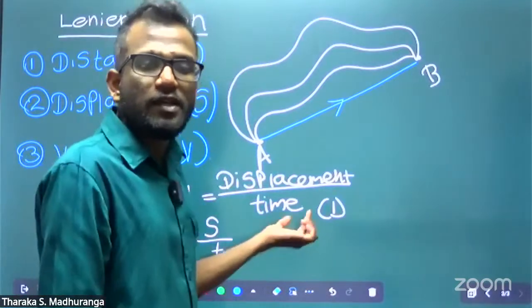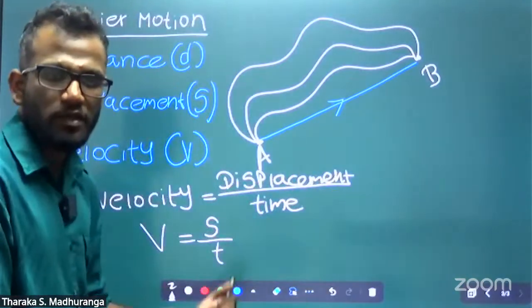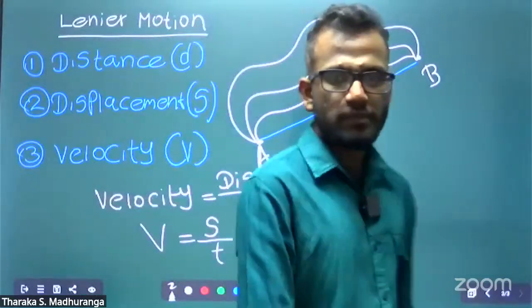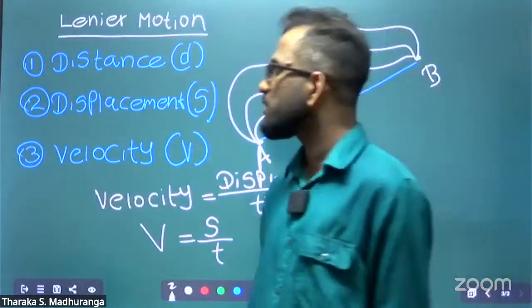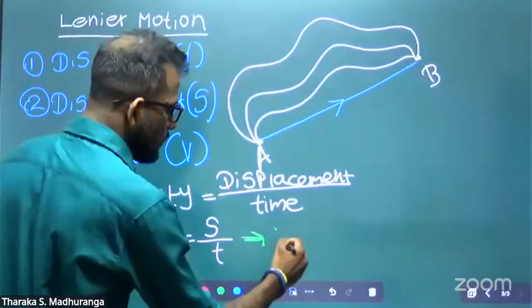Within 1 second, how much displacement? Then what is the unit? What's the unit of velocity?